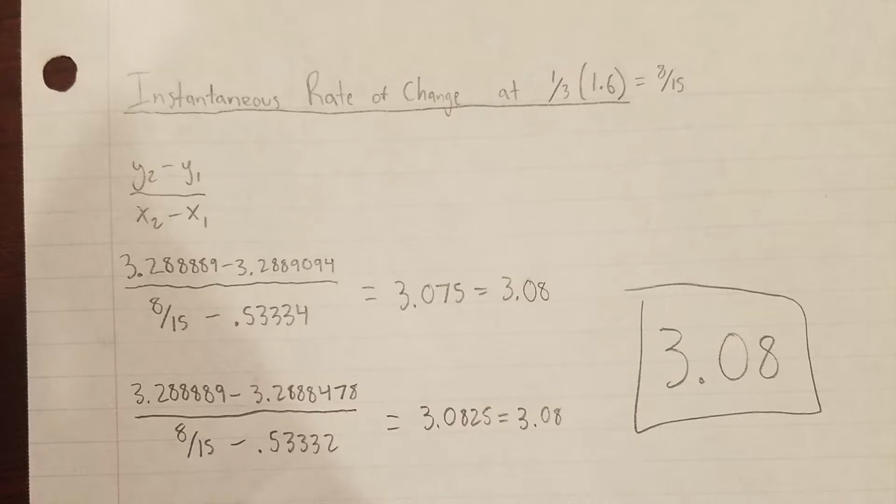We got y2 being 3.28889 minus y1 being 3.2888478, all divided by 8/15 minus a little bit less than 8/15, which was 0.5332, which all came out to be 3.0825, which we rounded to 3.08. Altogether, we got the answer was 3.08.